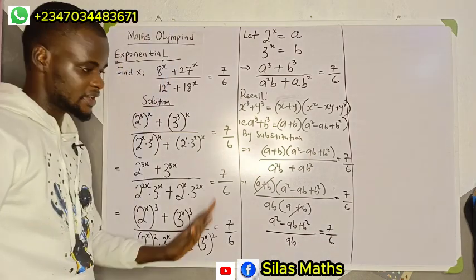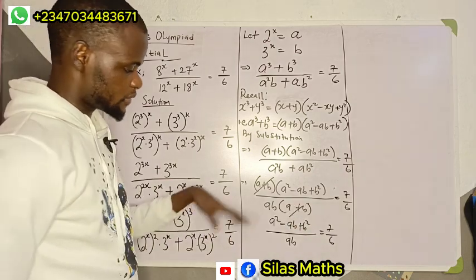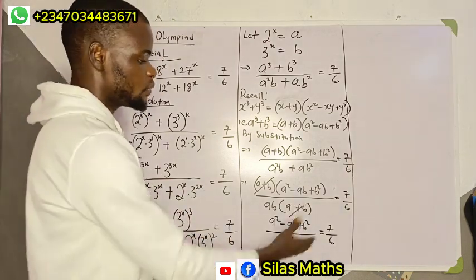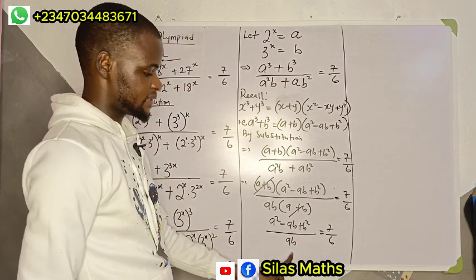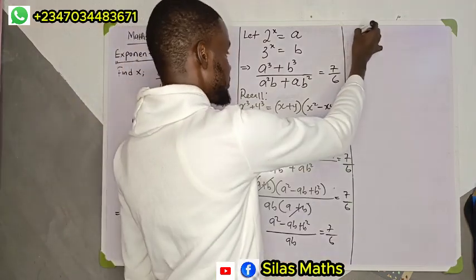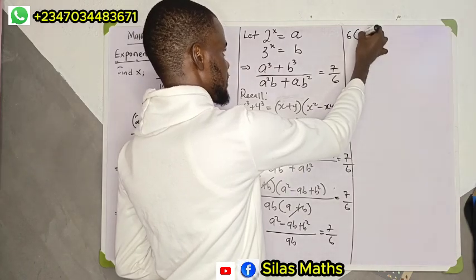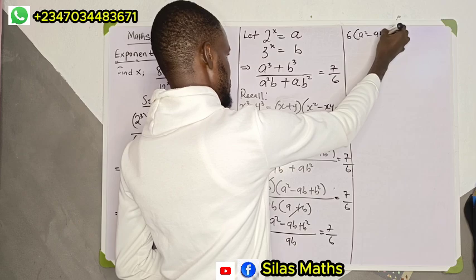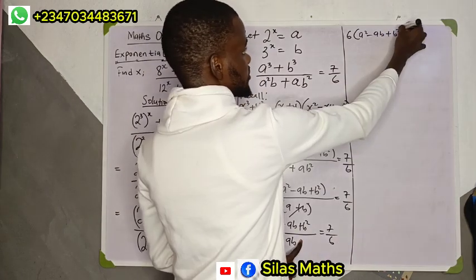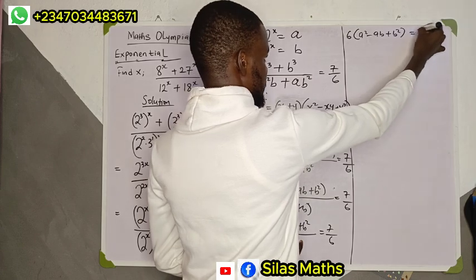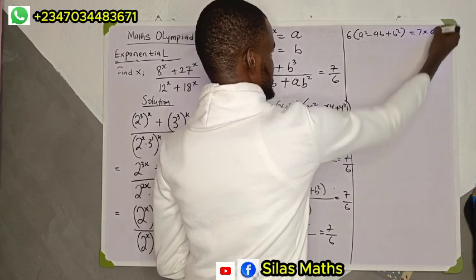Yes, our problem is gradually coming to an end. Now let's go ahead and cross multiply this equation. Cross multiplying, 6 multiplies everything here, while 7 multiplies this. So I'm going to have 6 times a square minus ab plus b square, close bracket, equal to 7 times ab.